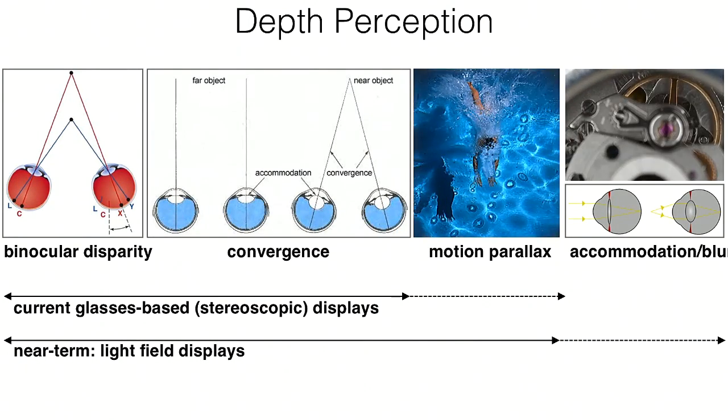Then in the near term, this is still an active area of research, we have light field displays, which can support accommodation and retinal blur cues. There are many other displays, and this is a very active area of research as to how to support these cues. It's not as simple as it might seem. There's a whole session in the morning talking about how to drive focus and accommodation to different planes. So we have light field displays to look forward to in the near term, hopefully.